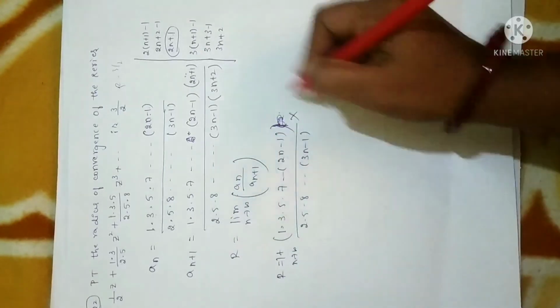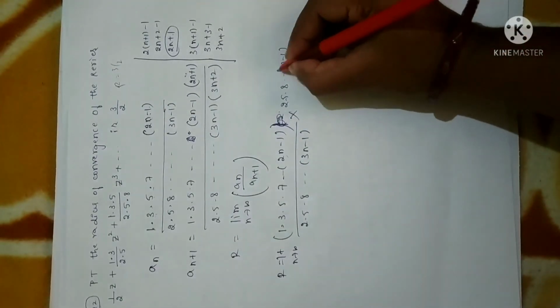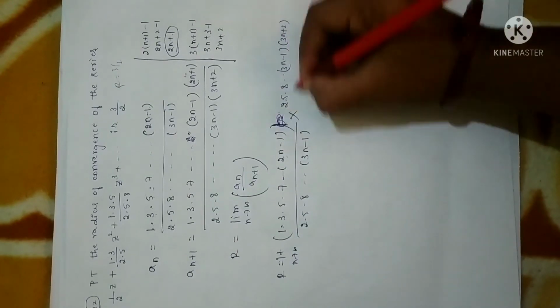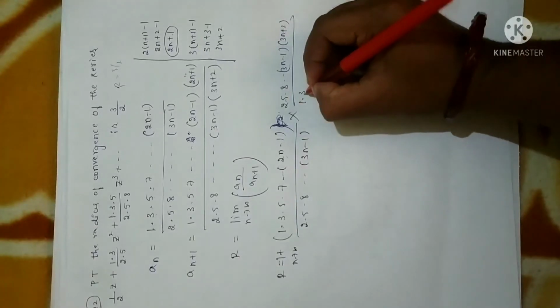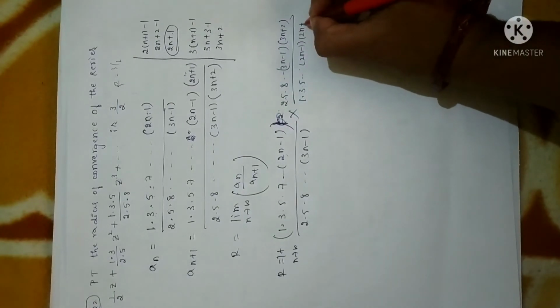Since you are dividing, it goes to the numerator: 2, 5, 8, up to 3n minus 1 into 3n plus 2, divided by, this comes to the denominator, 1, 3, 5, 7 up to and so on, 2n minus 1 into 2n plus 1.